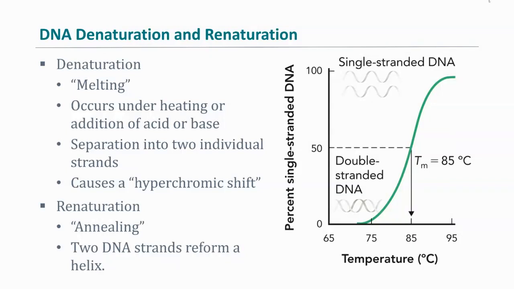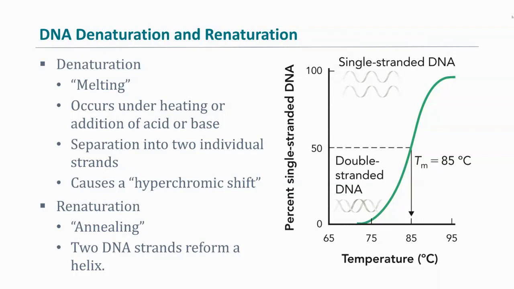So this process to break the double-stranded DNA into the single-stranded DNA is called denaturation, right? Denaturation, which is also called melting. So that would be the process from the double-stranded DNA to the single-stranded DNA. They separate into the two individual strands.